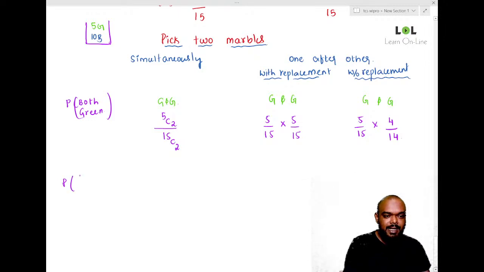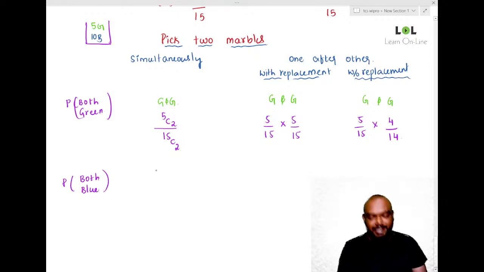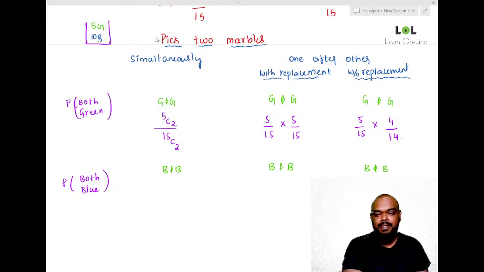Next is the probability of, let's say, both blue. Let us write the conditions first. I need both blue. It means blue and blue. Here as well, blue and blue. Here as well, blue and blue. In simultaneous, what do we get?